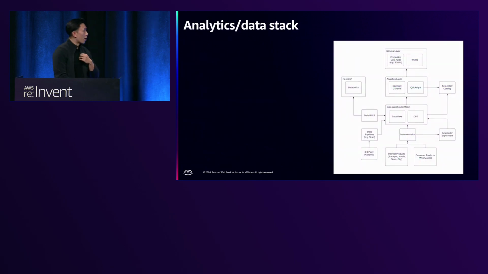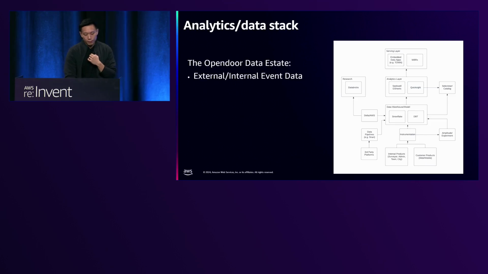And now that you know how we use data, I also want to talk a bit about our data stack to give you some context about all the tools that we use at Opendoor. The first is we have external and internal event data that we ingest into our platform. External data being MLS data, tax data, internal data being the data that we collect from our core product, data that we collect from our customers.